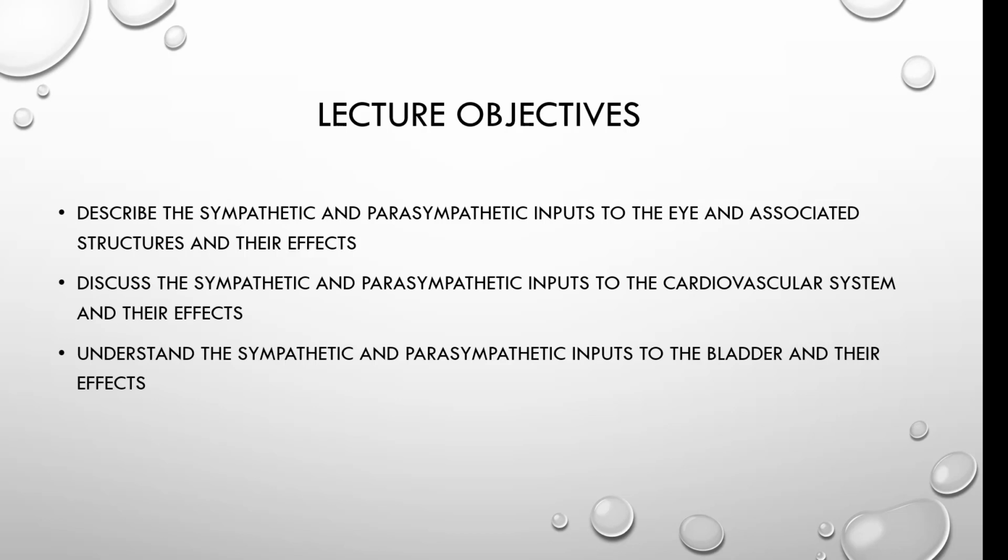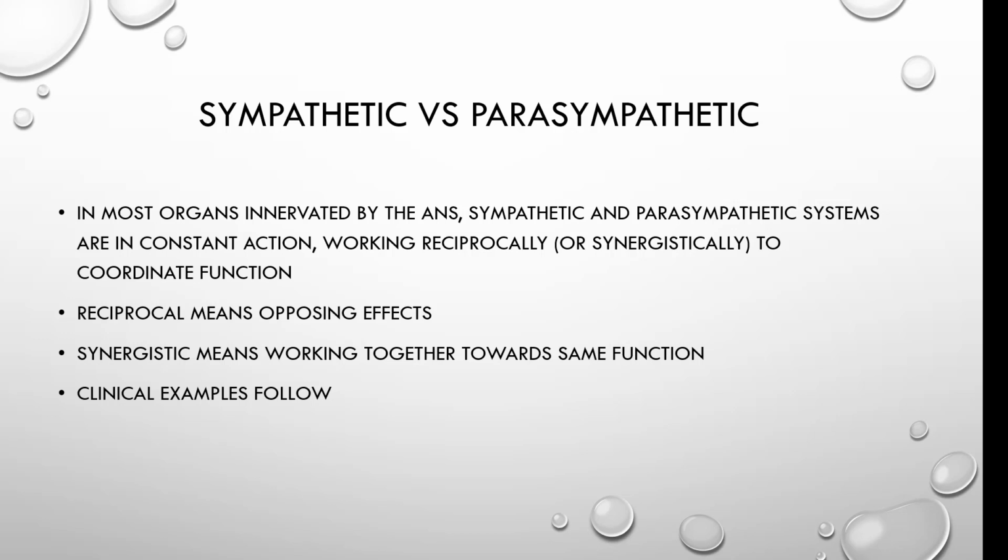they affect bladder function. You remember that in most cases and in most organs that are innervated by the autonomic nervous system, there is both sympathetic and parasympathetic input, and they are working reciprocally to coordinate function.